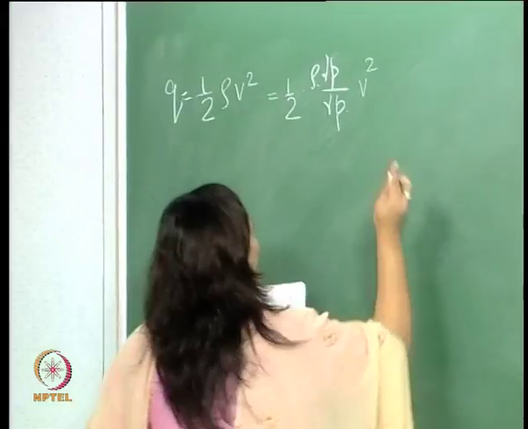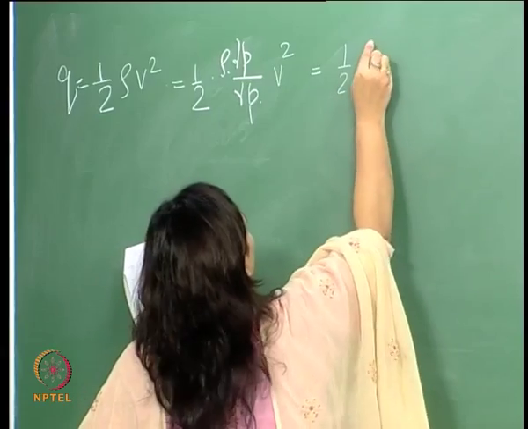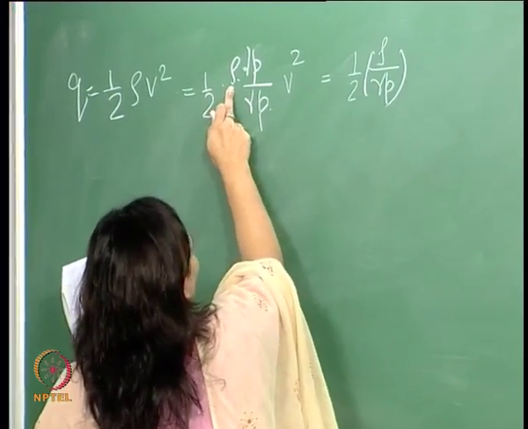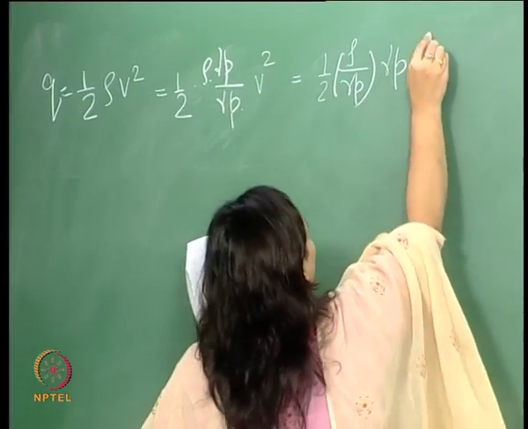If I do that, then I take this rho by gamma p, keep the other gamma p in there, v square.